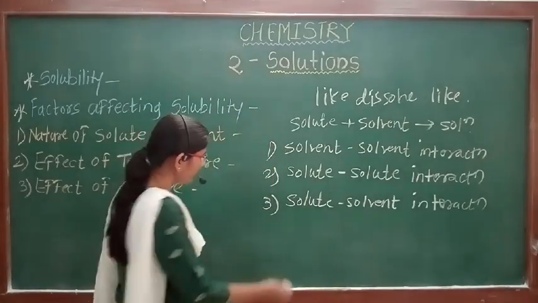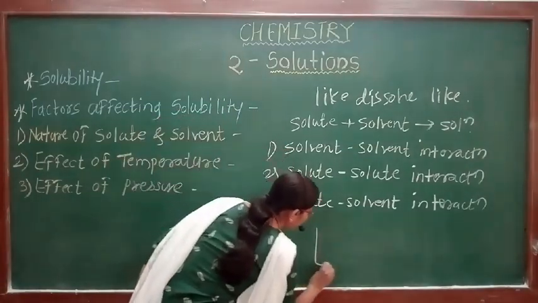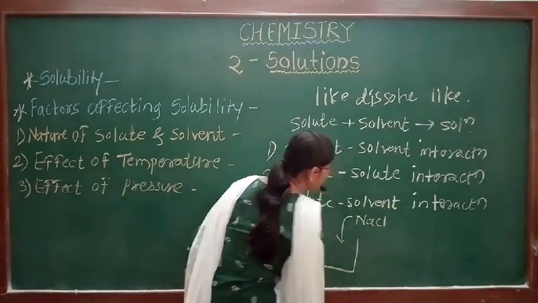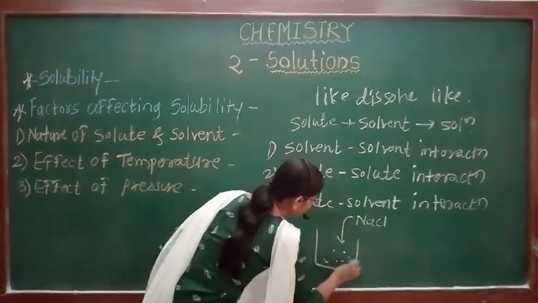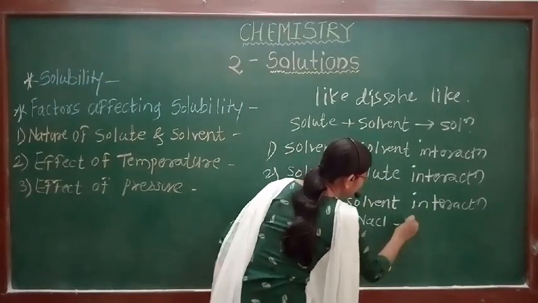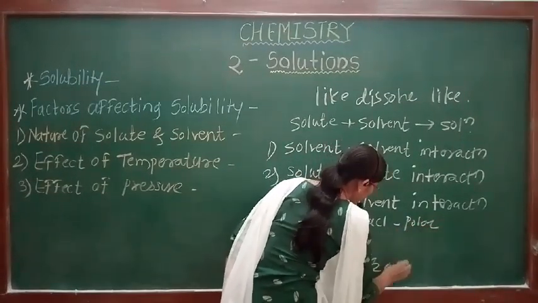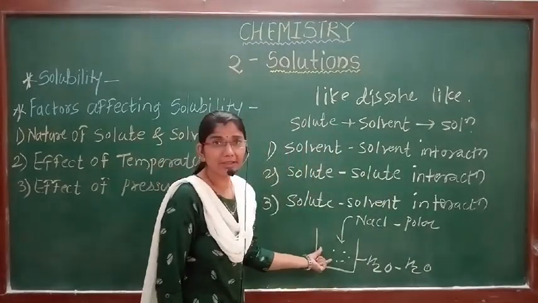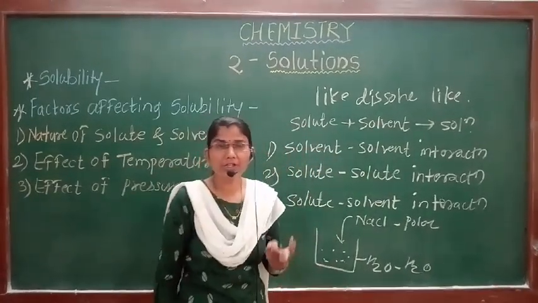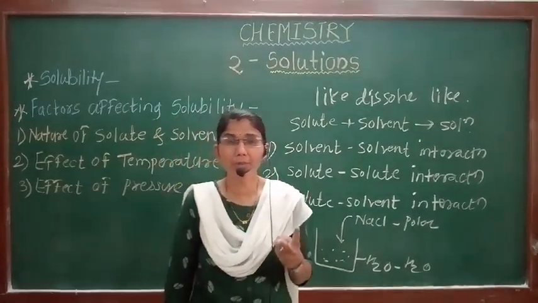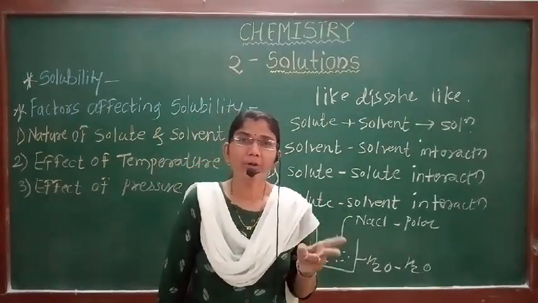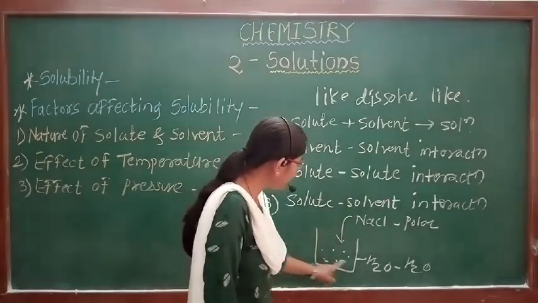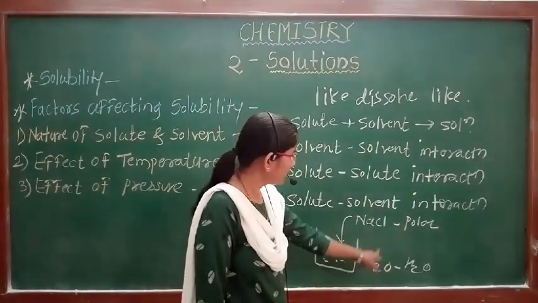For example, here we have a beaker, and if we add NaCl to H2O, NaCl is polar and H2O is also polar. In the solvent, H2O, dipole interactions and hydrogen bonding are possible.